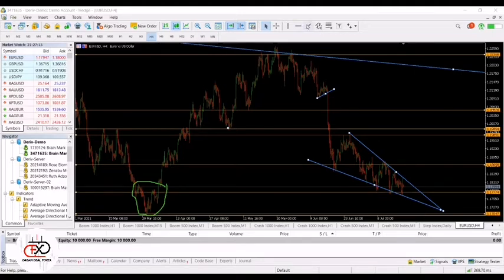Now let's look at it again from here. Something happened here. The market pushed up. This is a reversal pattern.